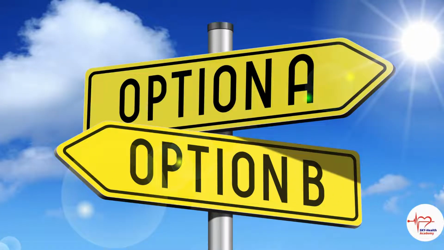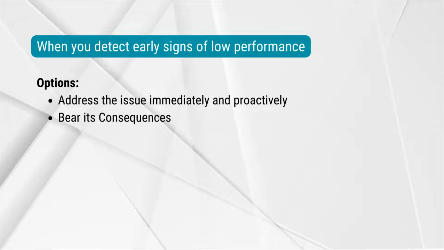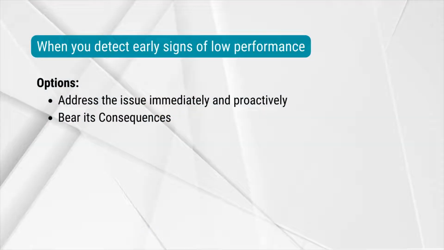There is no third option. When you have a low performance or a behavioral and attitude issue, the only options available for you are either to address the issue proactively or to bear the consequences. Ignoring low performance may have more and worse consequences than low performance itself.